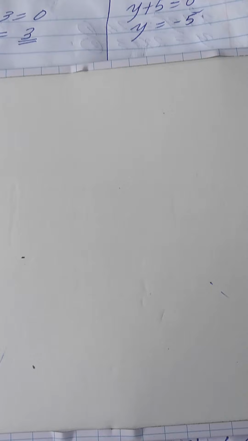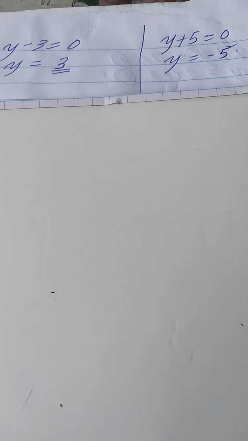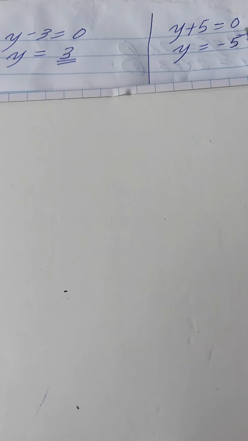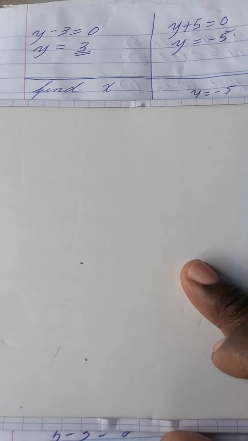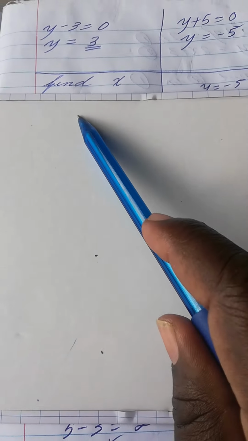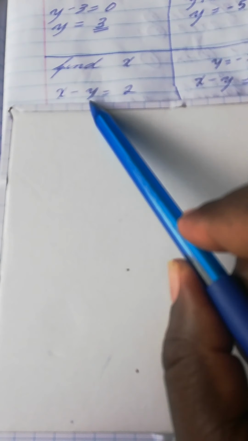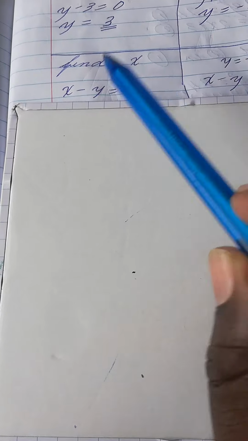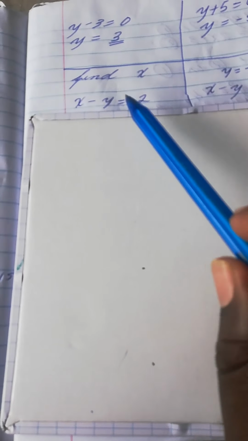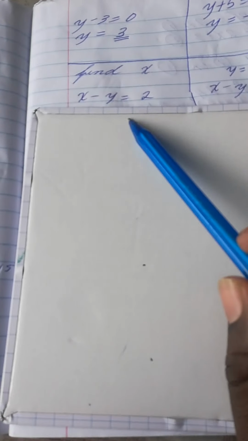Now remember, in a linear-quadratic equation there is an x variable and a y variable. So we found the values for y. What we're going to do now is find x. How do we find x? Remember that first equation that we had, x minus y equals 2. If we have the value for y now, you can substitute that value here to find the value of x.